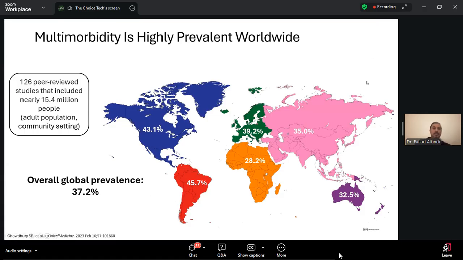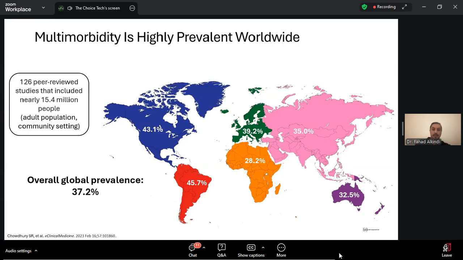So, talking about multi-morbidity, as this slide actually was shown by Dr. Raed at the beginning of the webinar, showing the prevalence of multi-morbidity worldwide. As you can see in this slide, the overall global prevalence is about 37%, which means that one third of the population in this world is having multi-morbidities.